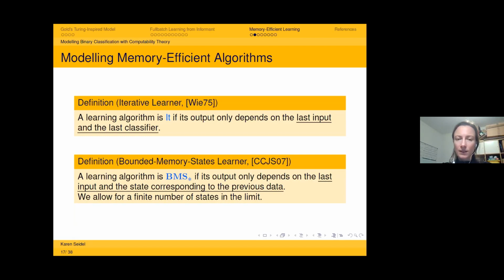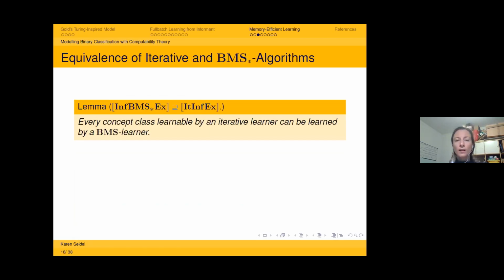Okay, so once we really use the classifier itself, and once we use states, which you can, for example, think of as parameters of the algorithm. Okay, so in the BMS star definition, only a finite number of states is allowed in the limit, which corresponds to our definition of learning success. What is very easy to observe is that every iteratively learnable collection of languages is also learnable by a BMS star learner when we use the hypothesis as states.